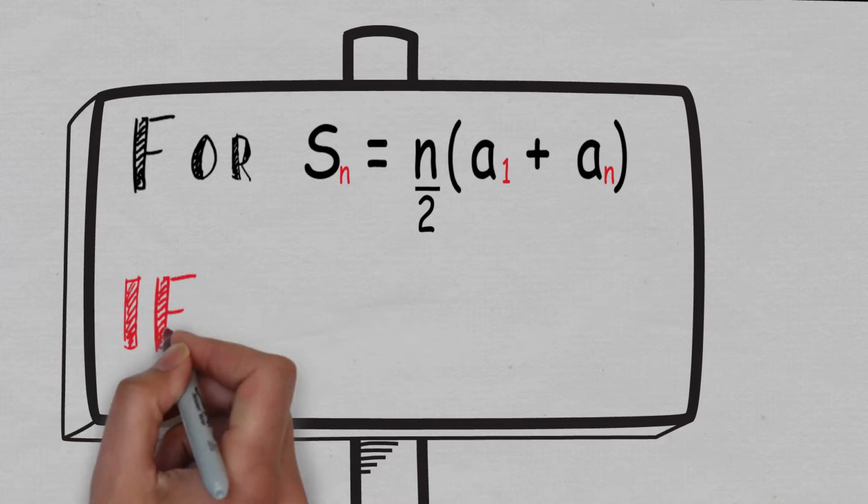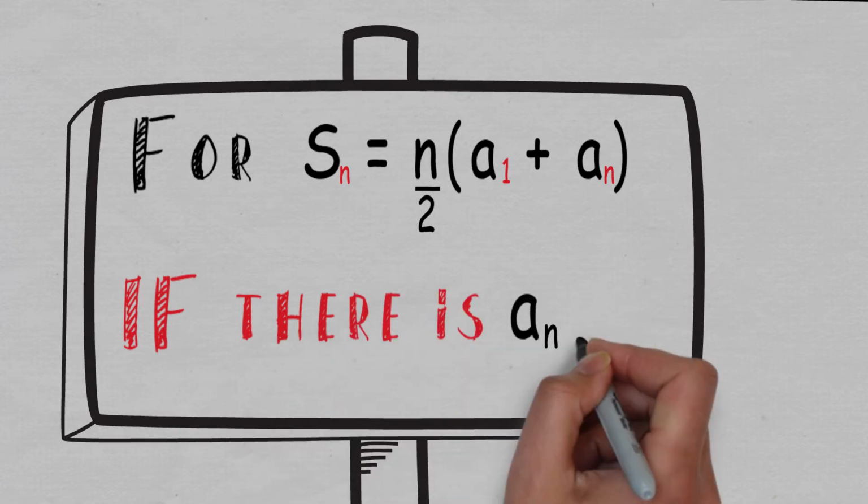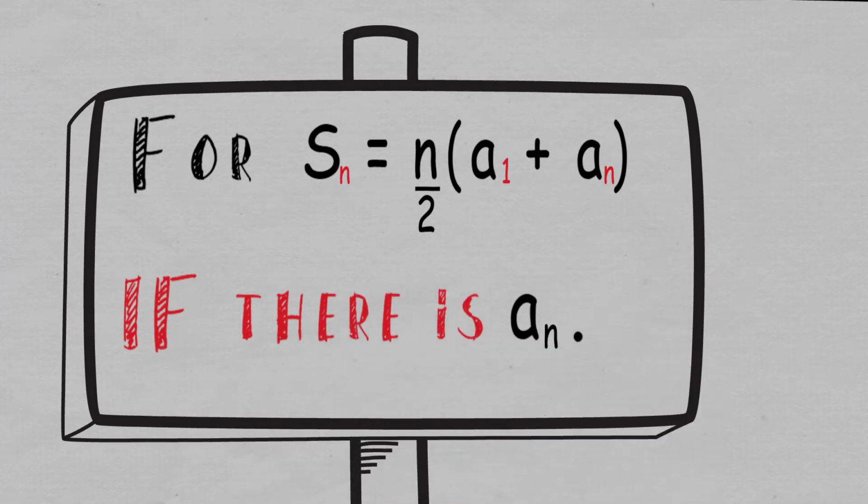We would only use this formula if there is a last term. As you could compare this to the other formula, which is quite long, of course we would pick the formula that is easy to memorize. But then again, we can only use this formula if there is a last term.